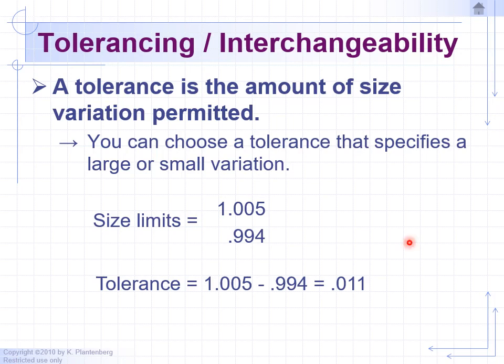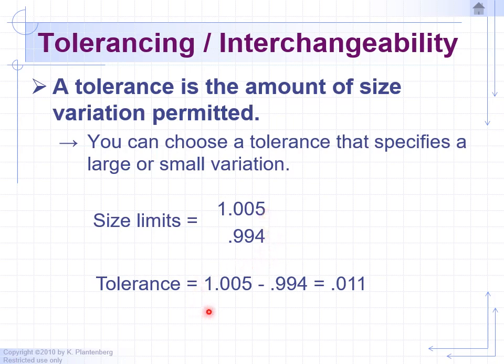A tolerance is the amount of size variation permitted. You can choose a tolerance that specifies a large or small variation. Going back to the previous example, you're telling the machine shop, I want a diameter of 1.005 to 0.994 inches. Anything in between will also work, as long as it doesn't go beyond 1.005 or below 0.994 inches in diameter. So the tolerance is the difference.